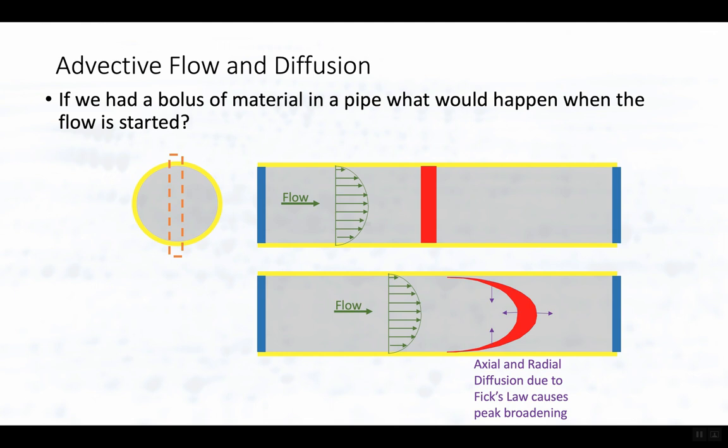Wherever the concentration is great inside that bullet-shaped thing, it will tend to move axially along that pipe, and it'll spread the bolus of material out into the mobile phase as the velocity down the pipe is moving things advectively.